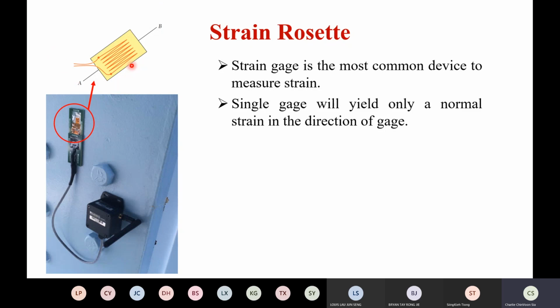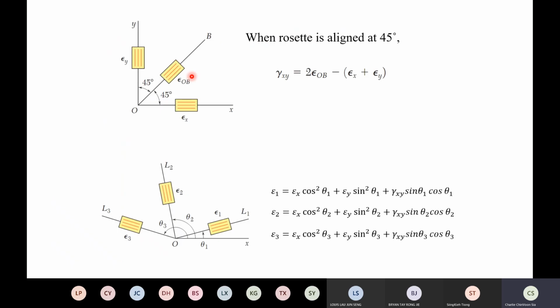This is a strain gauge. You can arrange strain gauges in different positions, and from there you just collect the data of the strain from the strain gauge.